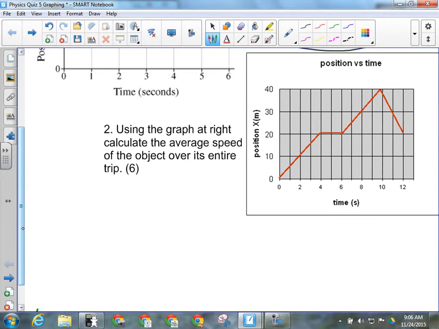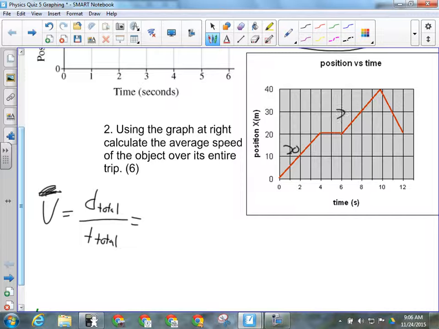Okay, for question number 2. We've got another position versus time graph, so there were no velocity versus time graphs on this particular quiz. Calculate the average speed of the object over its entire trip. Average speed is total distance over total time. So it goes 20 meters, then it doesn't go anywhere, and then it goes another 20.